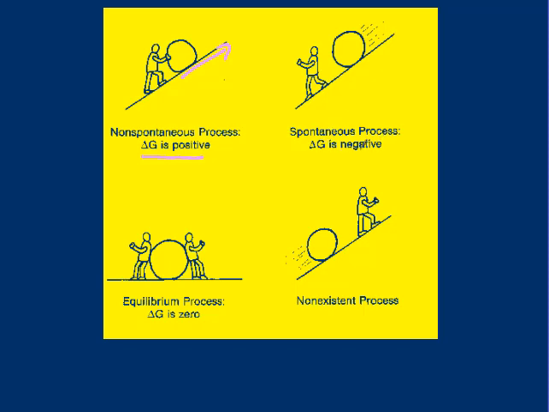A spontaneous process, delta G is negative. This would be thermodynamically favorable. The boulder goes down the hill all on its own. No energy is needed for the boulder to go down the hill. When delta G is 0, then it's at equilibrium. And the boulder just never chases you up the hill. So that's a non-existent process.